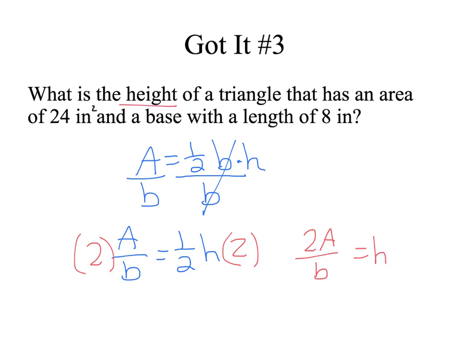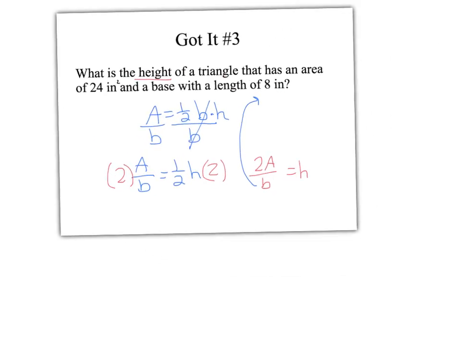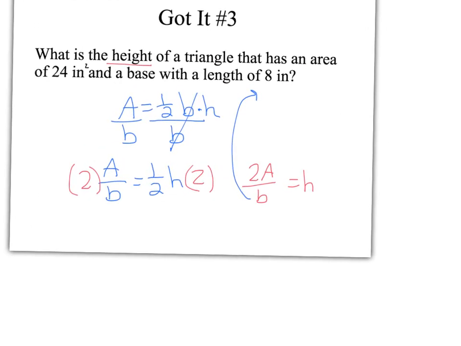So what is the height of a triangle that has an area of 24? Now we can just plug in numbers. If I do 2 times the area, which is 24, divided by 8, because that's our base, that's going to equal what our height is.